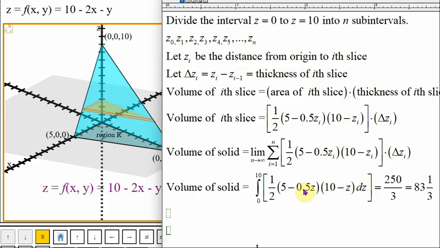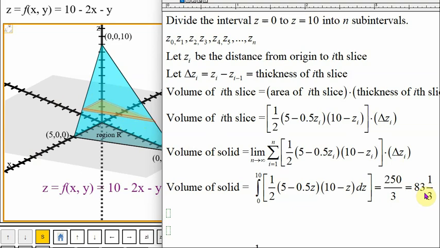Evaluating this integral, we get 250 over 3, which is 83 1/3. And so that's the cross-section method, and the volume of the solid is 83 1/3.